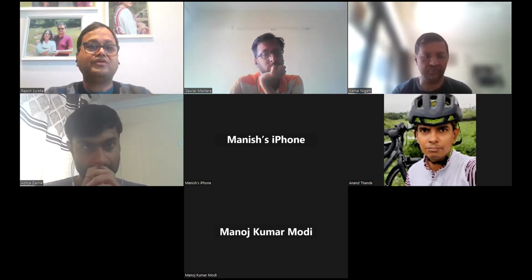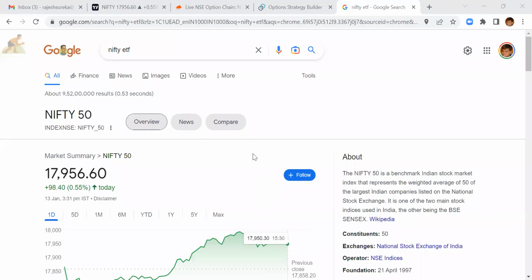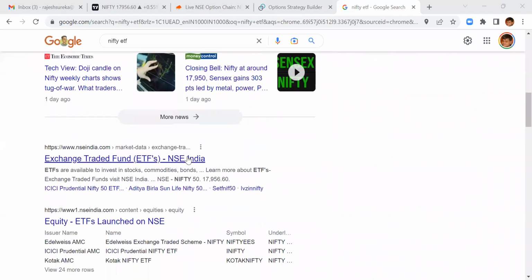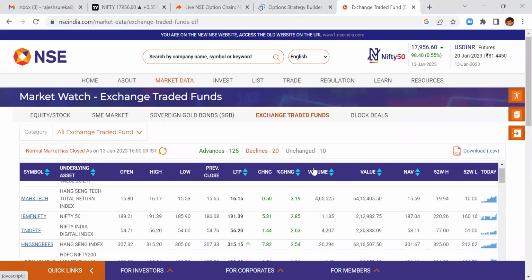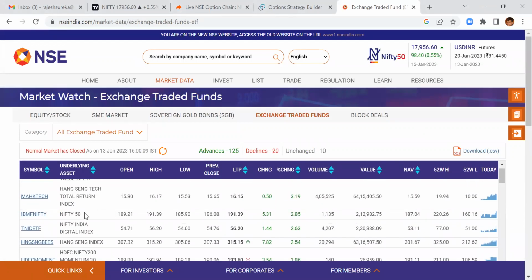So the question was how we'll buy the ETF. If you search Nifty ETF, there are multiple index exchange traded funds available. So many exchange traded funds are available, like the Nifty 50 ETF.